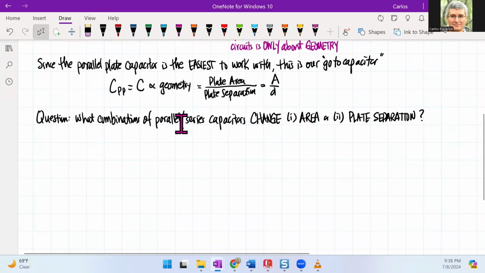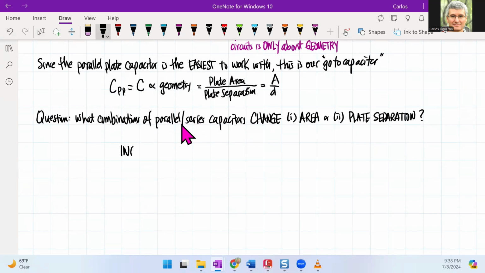And here's what we know. If we increase area, that tells us that elements are added in parallel. So putting things in parallel increases area.